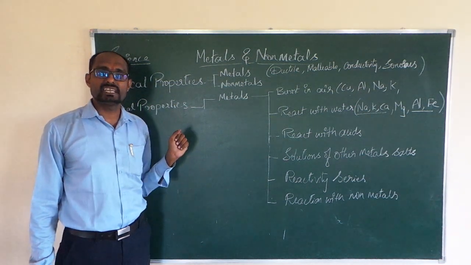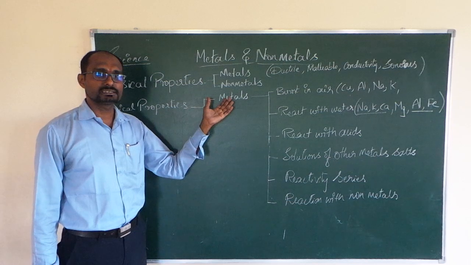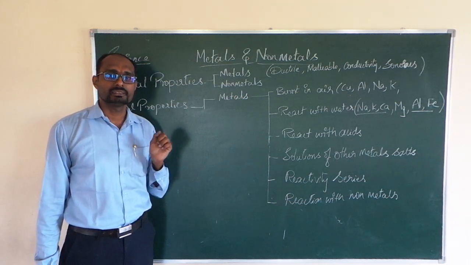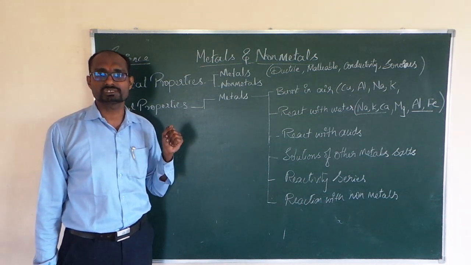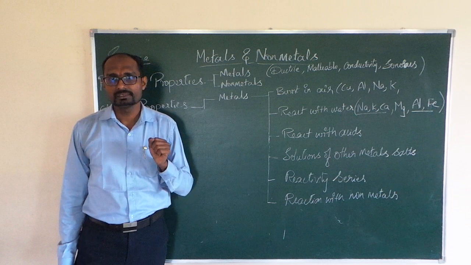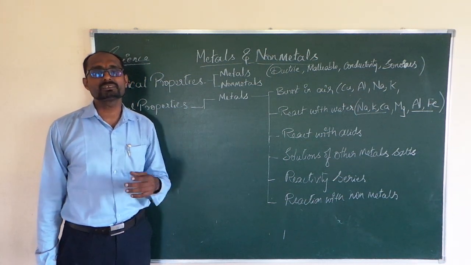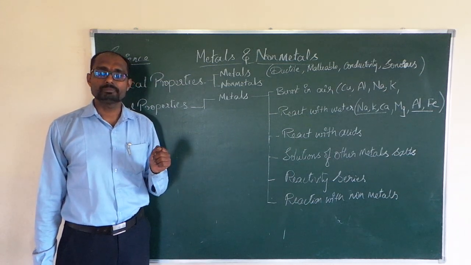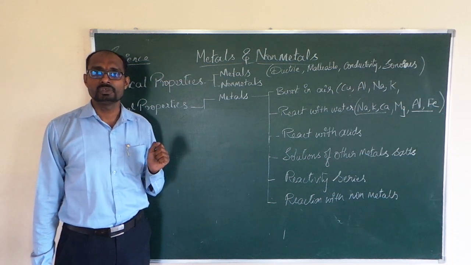At the same time, we have also learned that non-metals are not ductile, not malleable, not good conductors of heat and electricity, and not sonorous. However, there are also some exceptions. In spite of all metals being very hard materials, sodium is a metal which is very soft and can be cut with a knife.